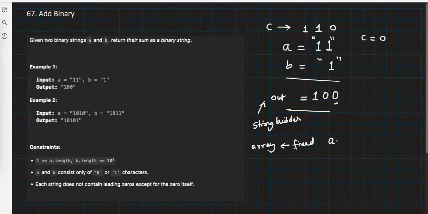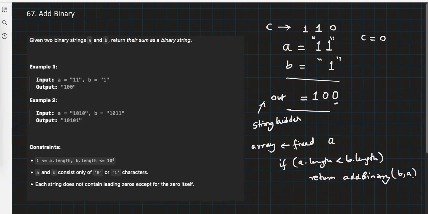That can be handled if you put an if statement: if A length is less than B length, then we can just simply return the add binary function with the input strings swapped, so B comma A, whichever is greater we take, so that we can have a fixed length.